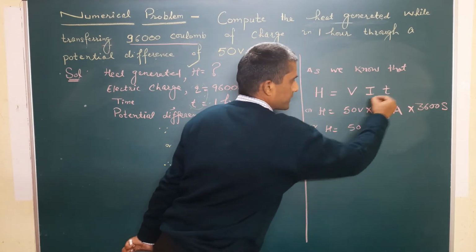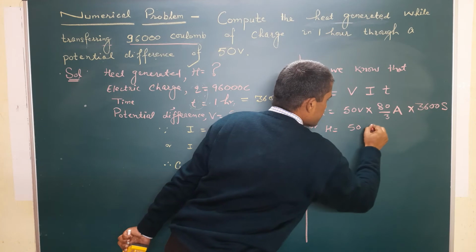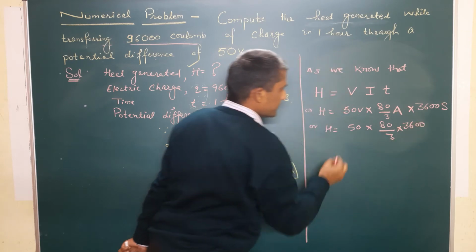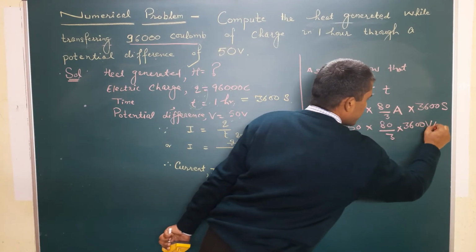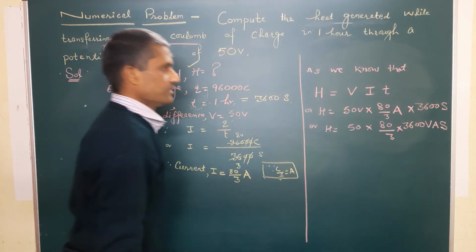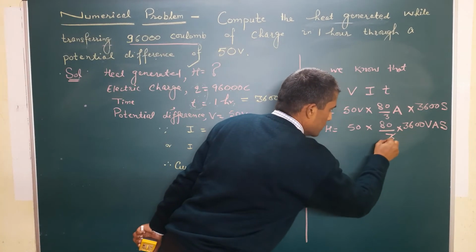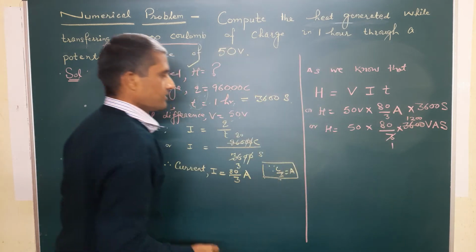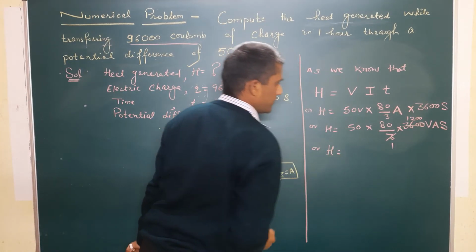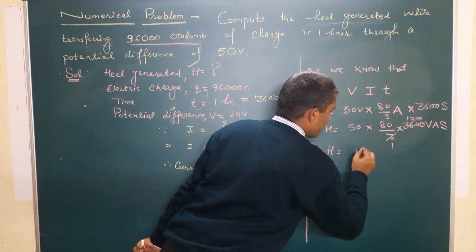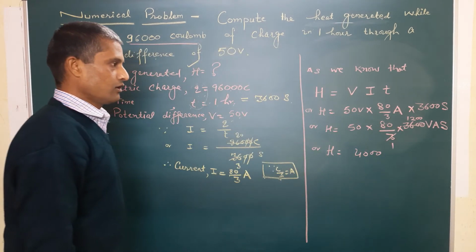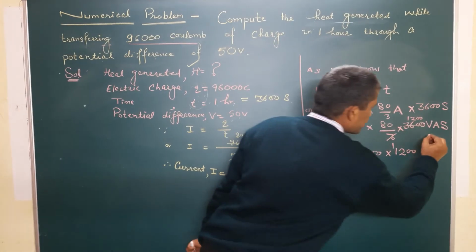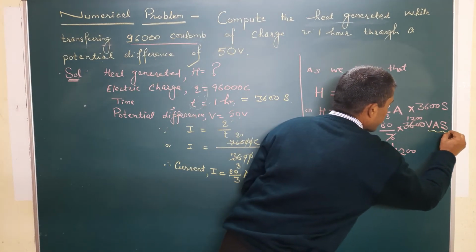We are going to take the units in the backward direction there. 50, 80 upon 3, and 3600, the units being volt, ampere, and second. Now 3600 divided by 3 is 1200, or H is equal to 50 into 80, which is 4000, multiplied by 1200, and the unit is VAS.